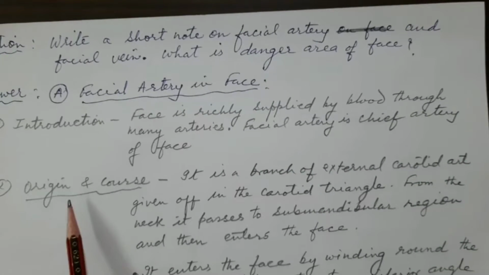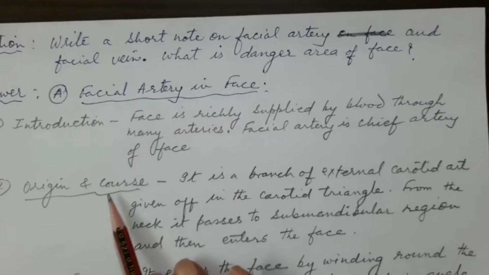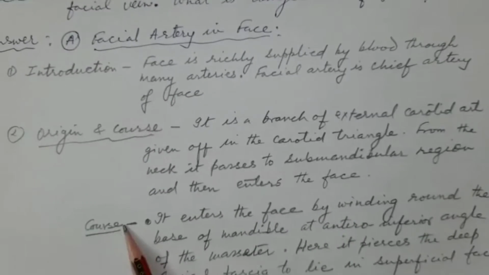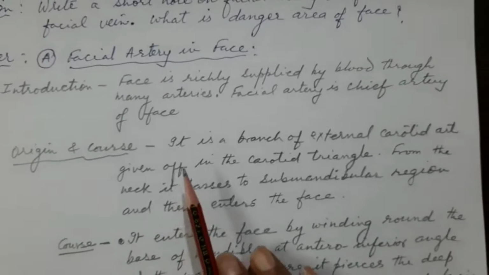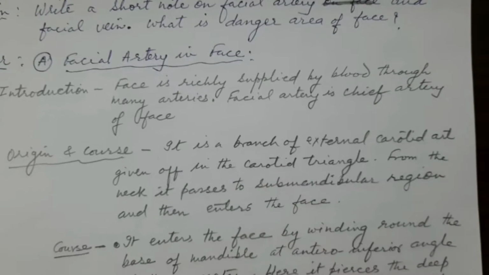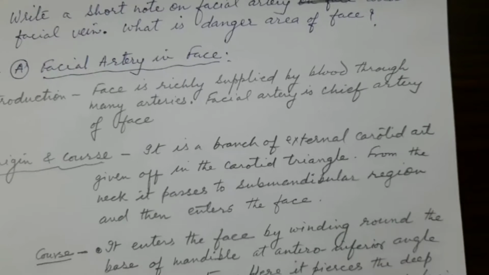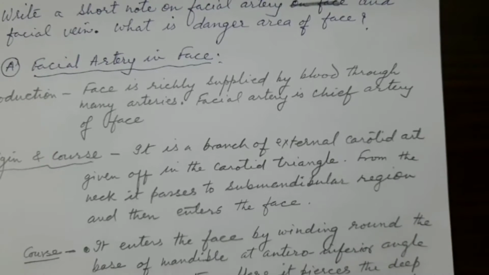Let us come to the origin, and then I will talk about the course. First, the origin of the facial artery. It is a branch of the external carotid artery, which is given off in the carotid triangle. So within the carotid triangle, the facial artery takes origin.